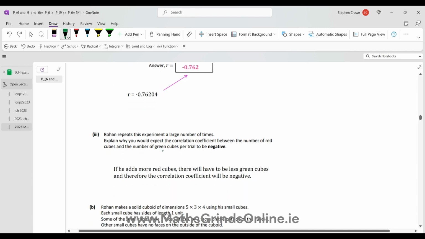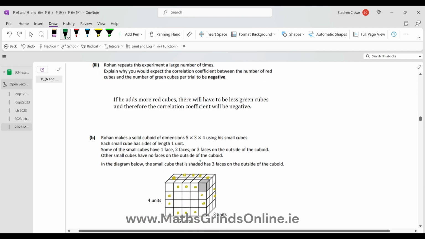As I've described, if he adds more red cubes, then there will have to be less green cubes, and therefore the correlation coefficient will be negative. The more of the red, the less of the green, because there's the same amount of them.